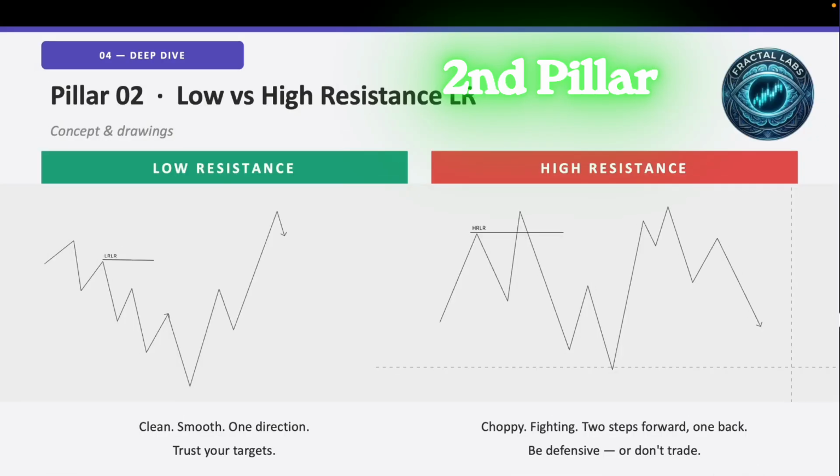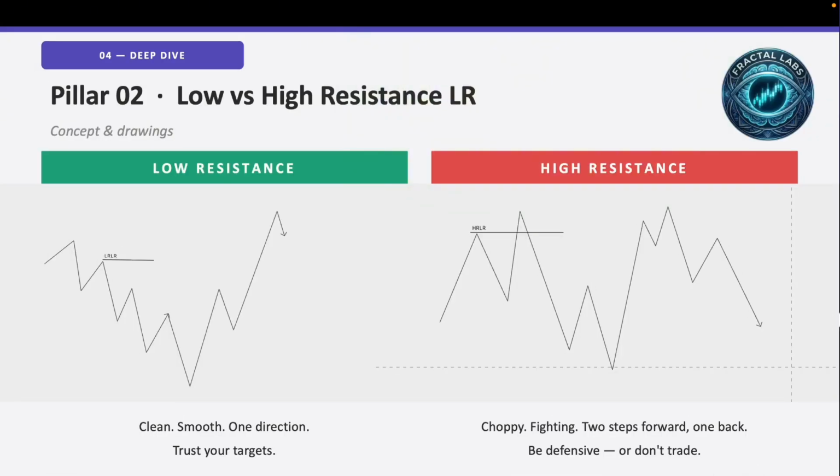Second pillar is the difference between low resistance liquidity run and high resistance liquidity run. First of all, you want to be trading during periods of low resistance liquidity runs. When price is going to move from point A to point B, it doesn't always move the same way. Sometimes it just goes clean, smooth, one direction.